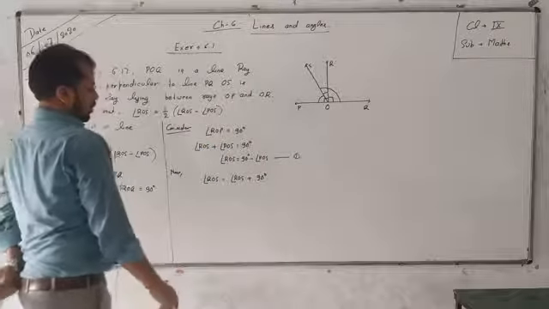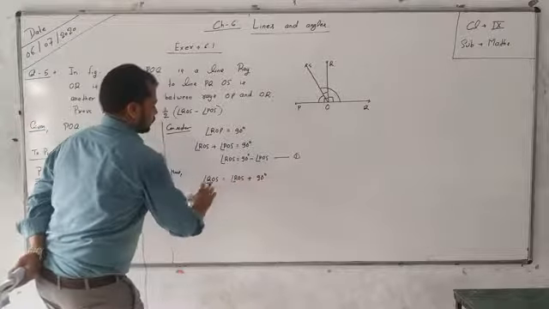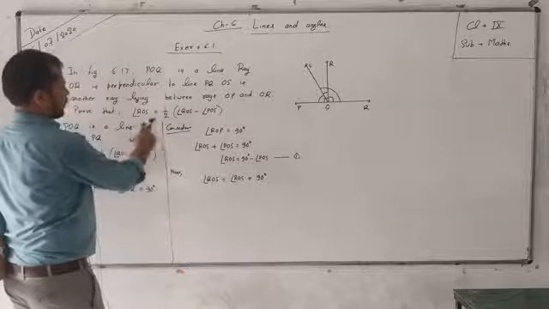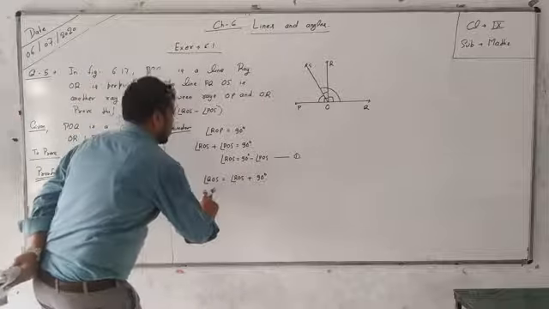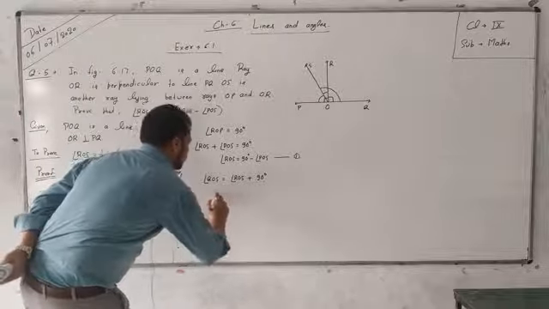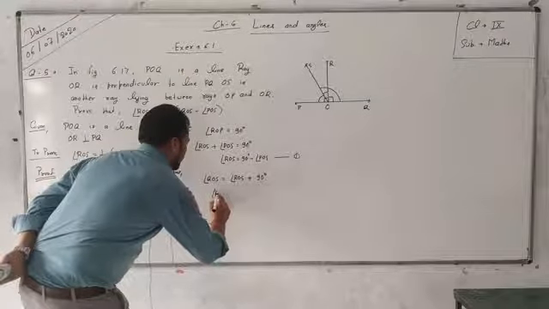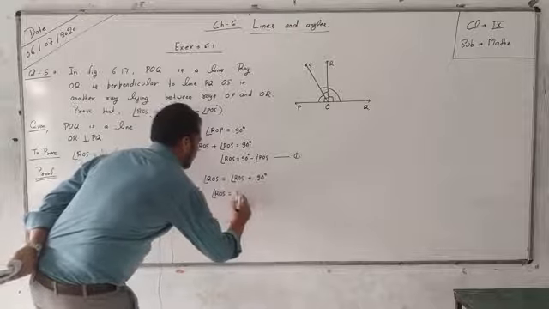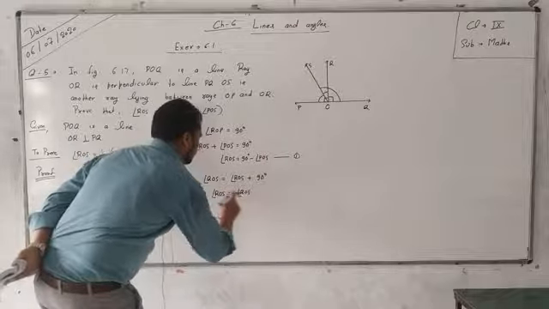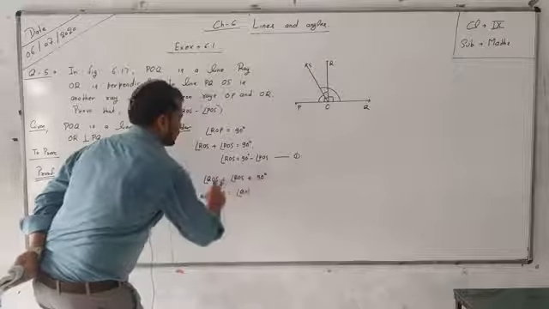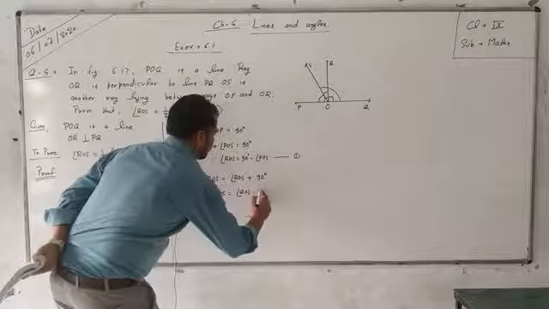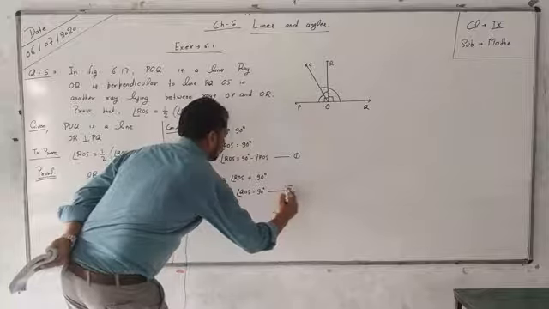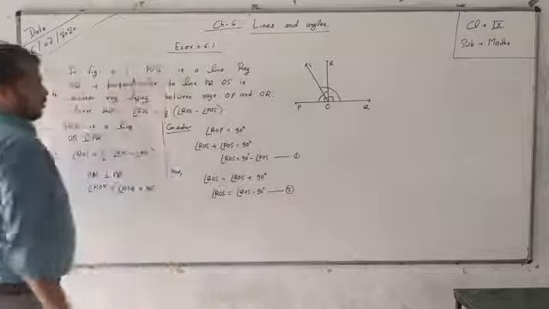Okay? Now transfer this 90 degree to this side, because we want angle ROS alone. It will become angle ROS is equals to, here angle QOS is already existed, and when this 90 comes this side, it will be minus 90 degree, and now this is our equation number 2. Okay?